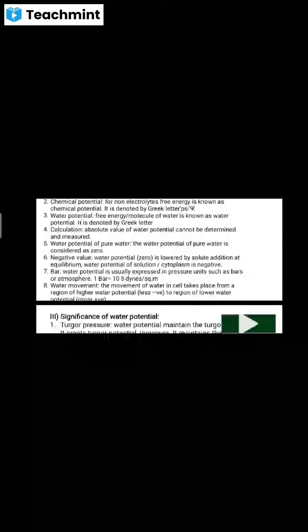High water potential normally is zero, so the movement from zero to negative goes downward like this. So let's see how the formula of the water potential is calculated.